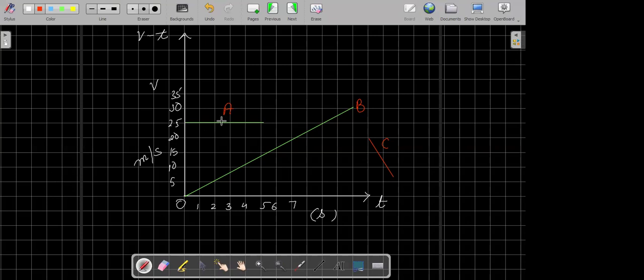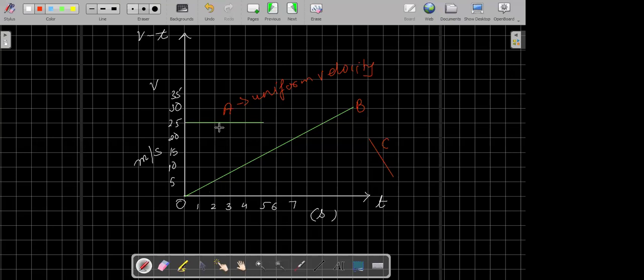So graph A represents uniform velocity, and the object has a uniform velocity of 25 meter per second. At time equal to 1 second, still the velocity is 25.